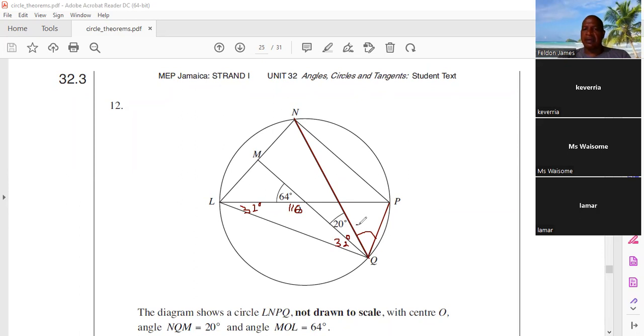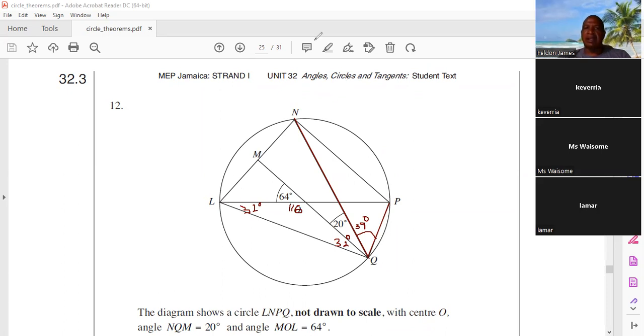So why would it be 38? Sir, because angles in a semicircle add up to 90 degrees, and you already have the 32 and the 20, so you add them, subtract from 90, and you get your remainder. Good. Everybody see that? So this angle within the semicircle.